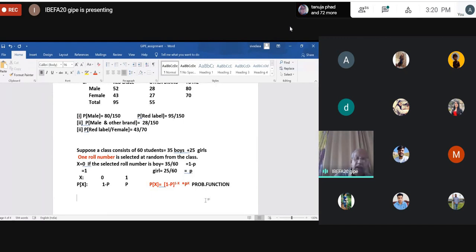If you put the value of x, you will get the probability.